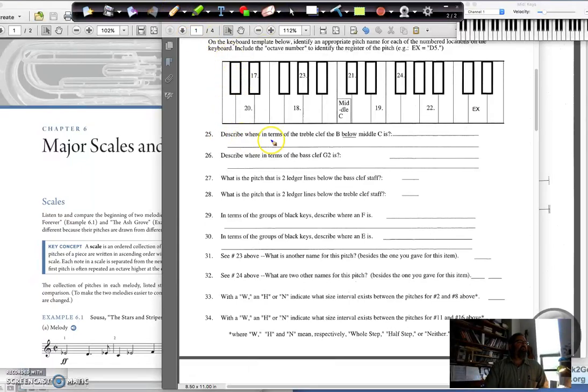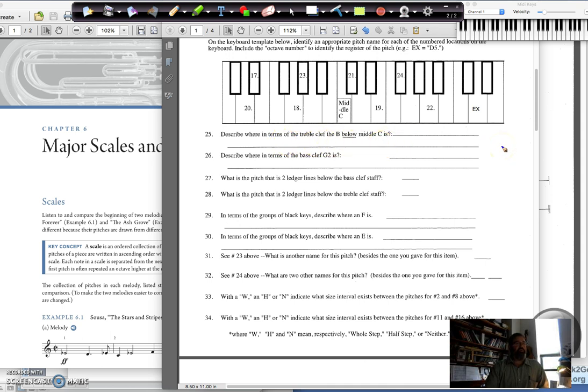Describe where, in terms of the treble clef, the B below middle C is. Well, here's the B below middle C. In the treble clef, that's not on the five-line staff. It's below the first ledger line. So that's what you would write: it is below the first ledger line, below the staff.